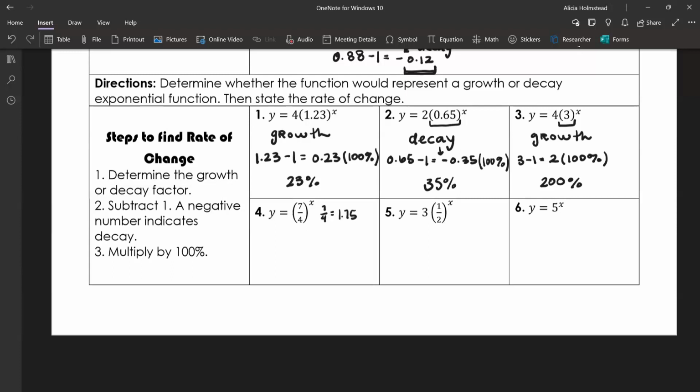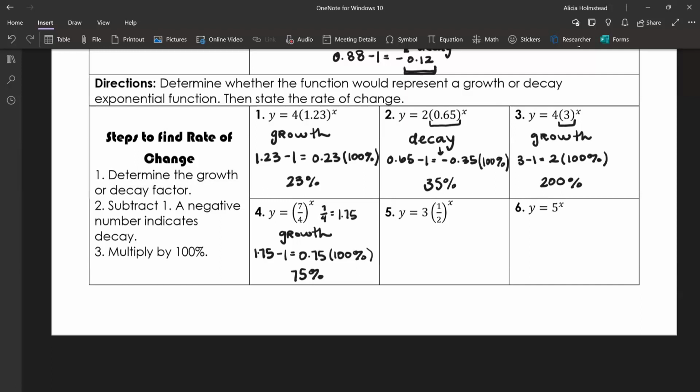And that number is greater than 1, so I know this is growth. Now to find my rate, I take my growth factor, which is 1.75, subtract 1 to get 0.75, and then multiply by 100% to convert it to percent form. So this is growing at a rate of 75%.